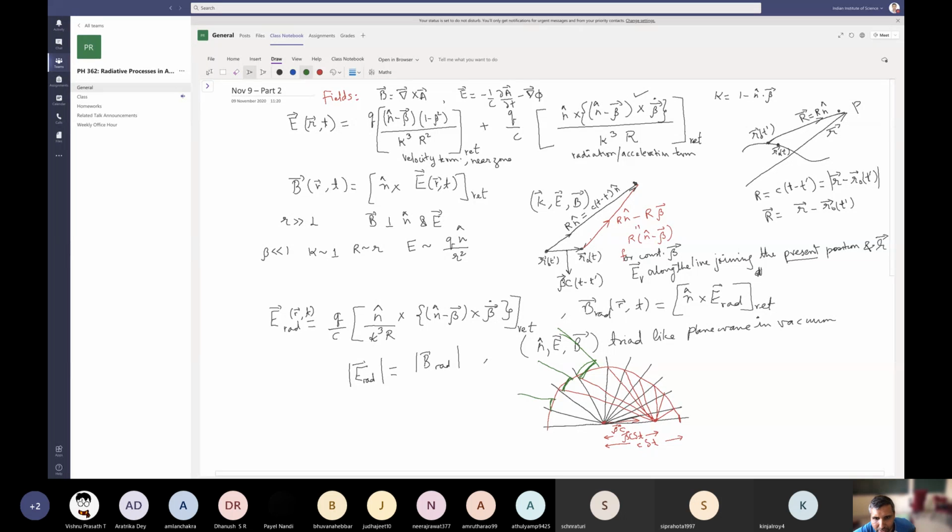So let me just say this in words. The outside field will not know that the charge has stopped, so it will keep pointing at this location. The inside field knows the charge has stopped, so it will be along the black lines.